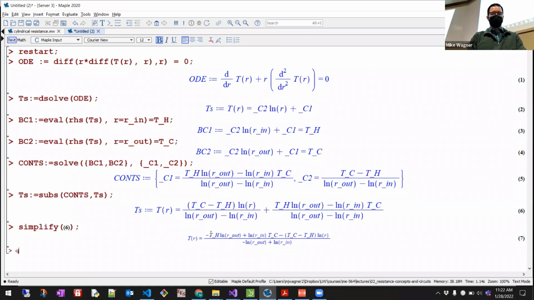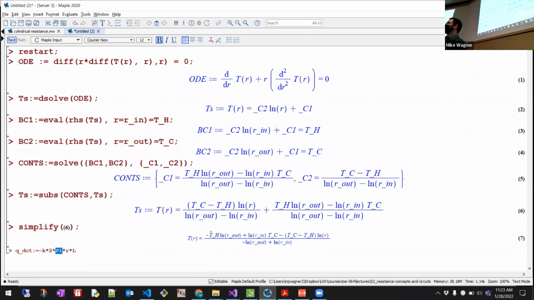So let's just calculate Q dot. Q dot is equal to minus K times 2 times pi times R times L. By the way, this here, small thing, is capital PI. If you use lowercase pi, it's the actual number pi.